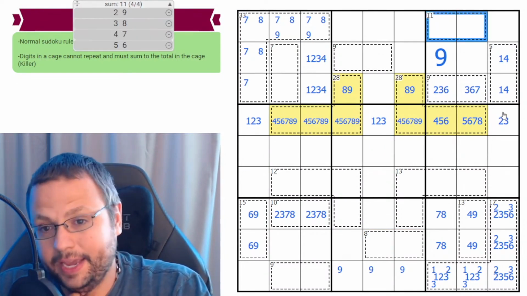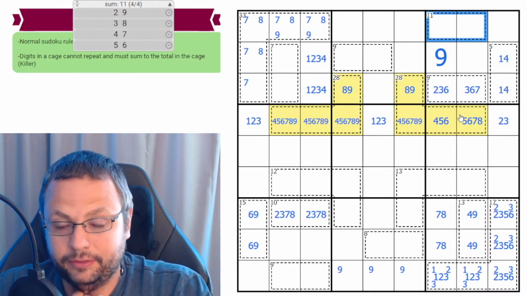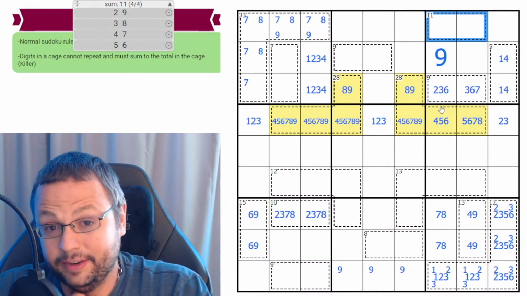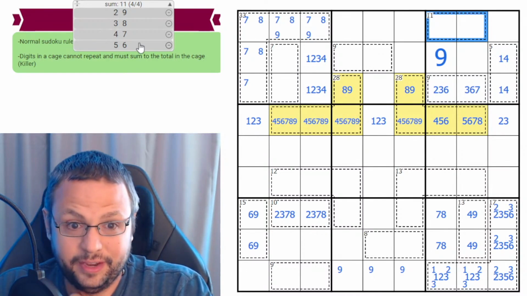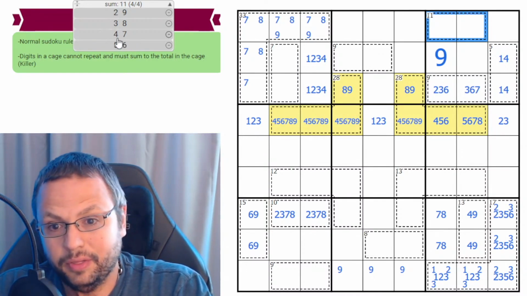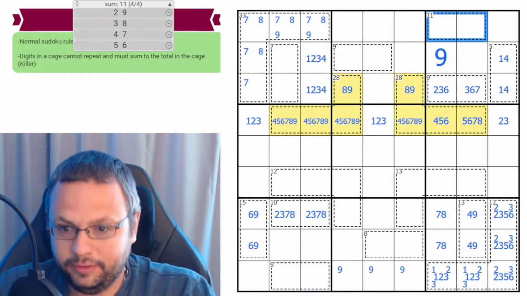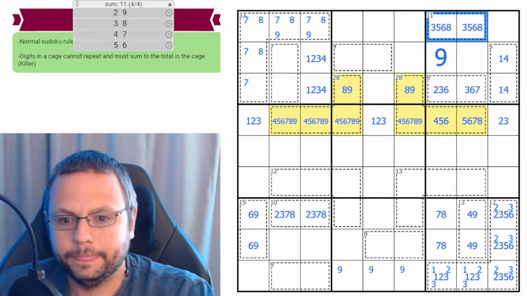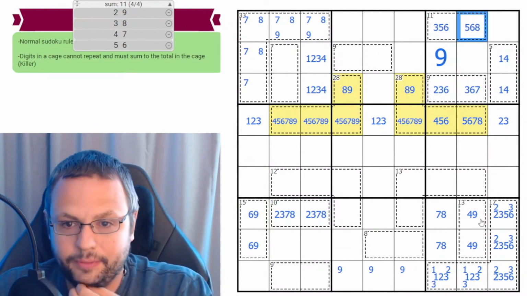Okay, so the 11 cage, let's think about its possibilities. So it's not 2-9, it's not 4-7. So it is 5-6 or 3-8. Those are the options. Let's write that in. That's not an 8, so that's not a 3.